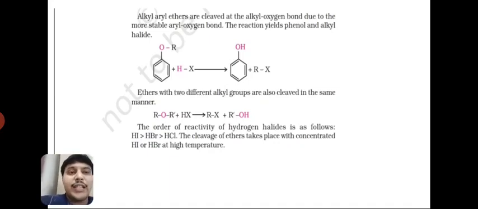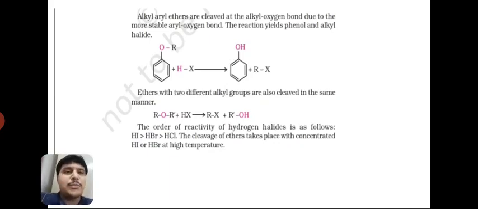So this reaction is especially used for the conversion of aromatic ethers, for example if you want to convert anisole to phenol. Listen carefully, these reactions are important. If you want to convert anisole to phenol, write anisole plus HX, that means you can simply write HI. Then we get phenol plus CH3I, because in anisole, instead of R, CH3 is there.